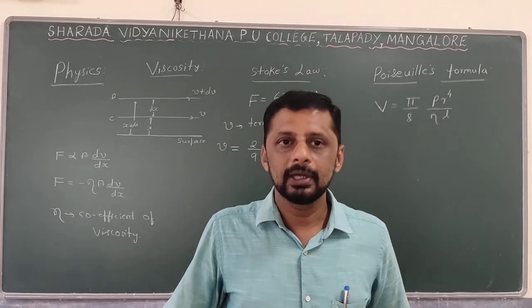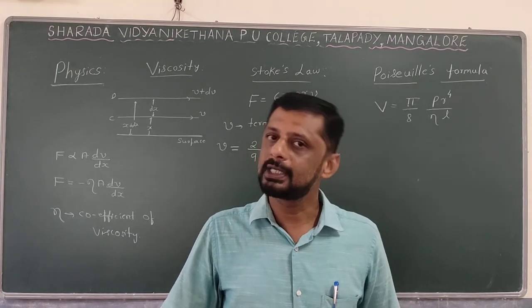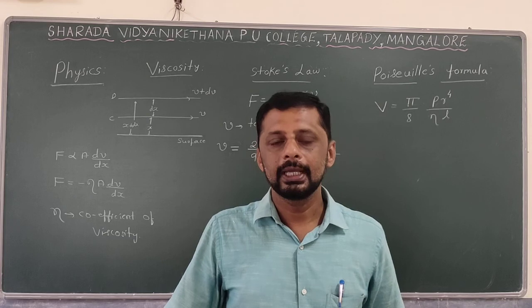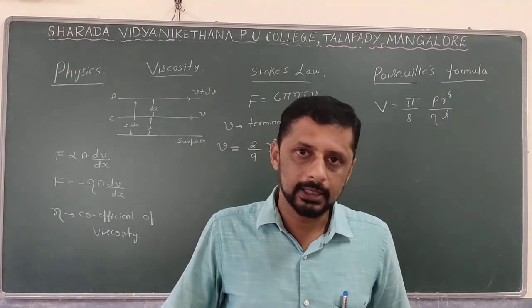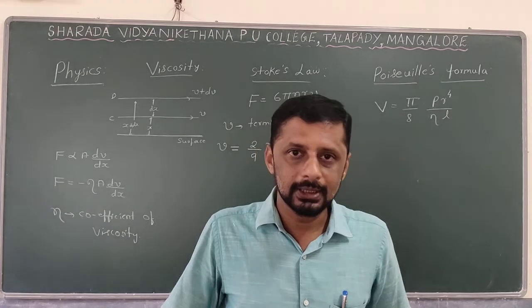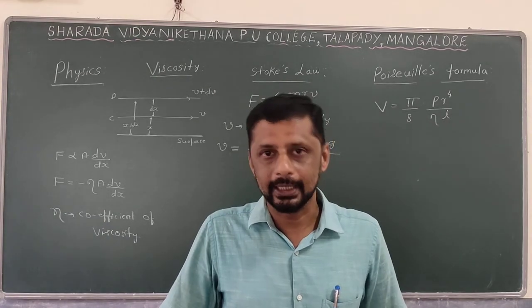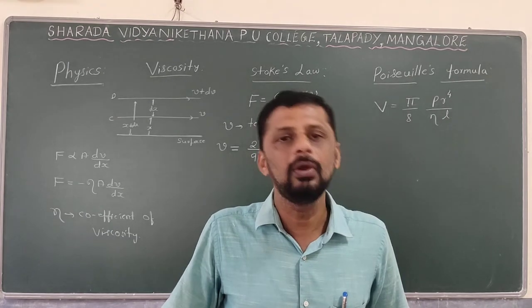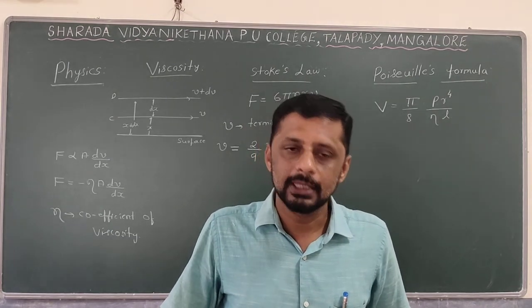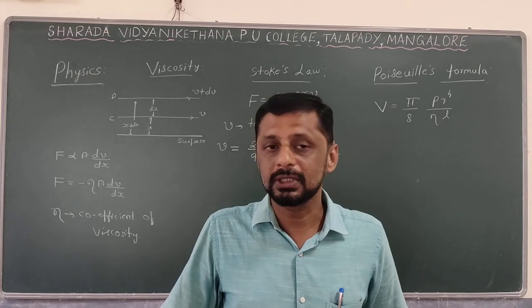At the last part we discussed Bernoulli's theorem and its applications. When a fluid is in motion, it can possess three types of energy. One is the pressure energy, the second one is potential energy, and the third one is kinetic energy. The sum of all these three forms of energy is always equal to a constant. Based on this principle, you discussed three important applications.